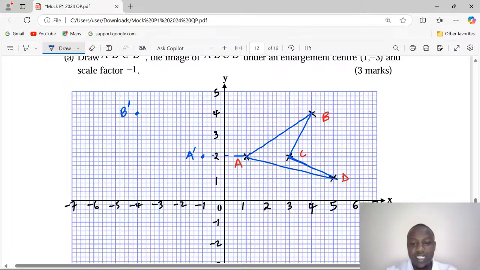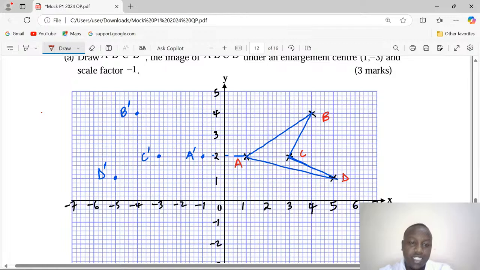Then C is also going to move to the other side, an equal measurement. So C prime is going to be here. And finally, D is also going to move to the opposite side of the y-axis, an equal distance. So D prime is going to be here.